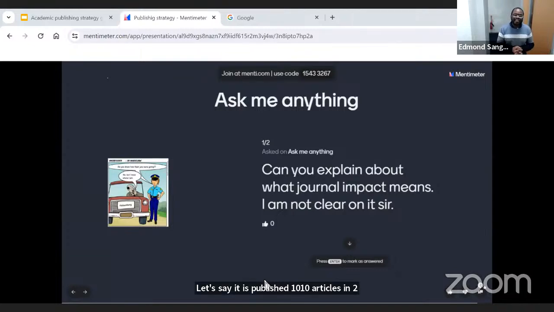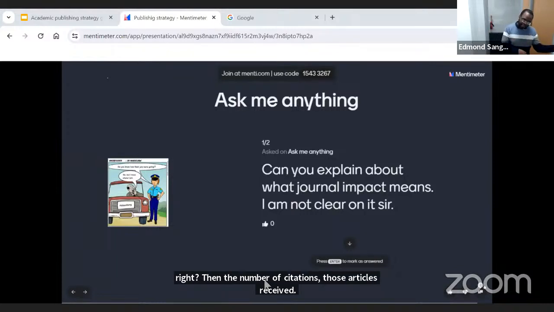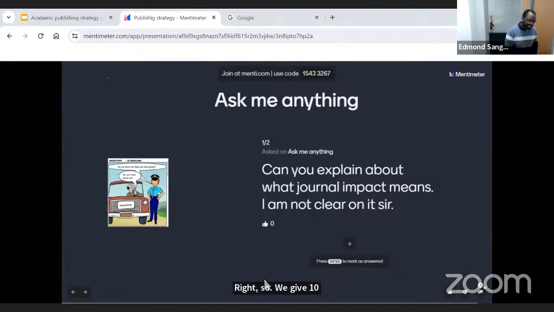Then the number of citations those articles received, let's say it's 100. So we'll now divide 100 citations by the number of articles published, which is 10. So the impact factor of that journal A becomes 10.